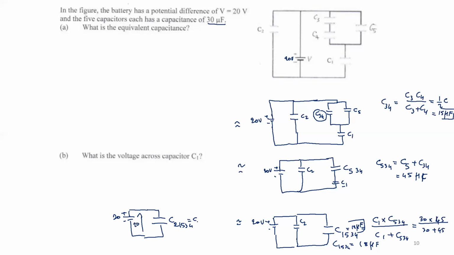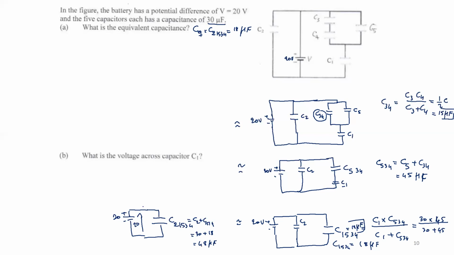Of course, this will be just C2 plus C1534. So it will be 30 plus 18. So this gives you 48 microfarad. That's it. So the equivalent capacitance here, I call it C equivalent. Good.